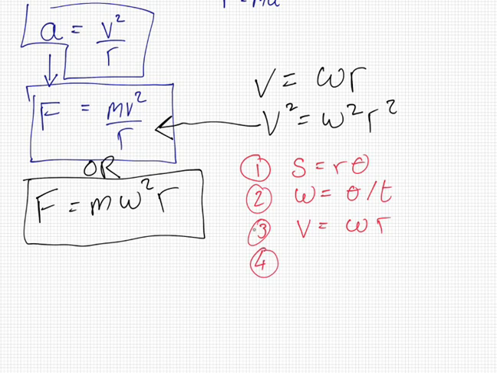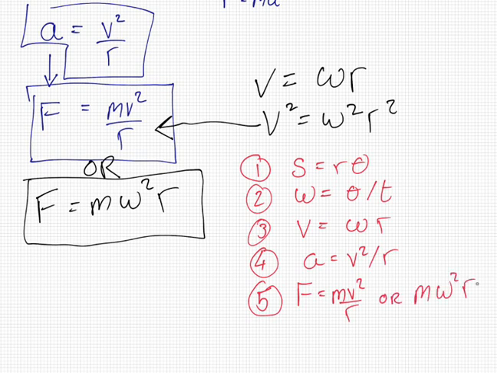Fourthly, acceleration is v squared over r. Fifth, force equals m v squared over r, or m omega squared r. So you have 5 formulas for circular motion.